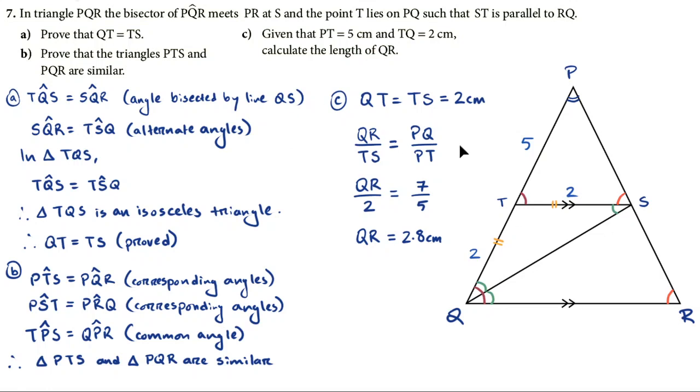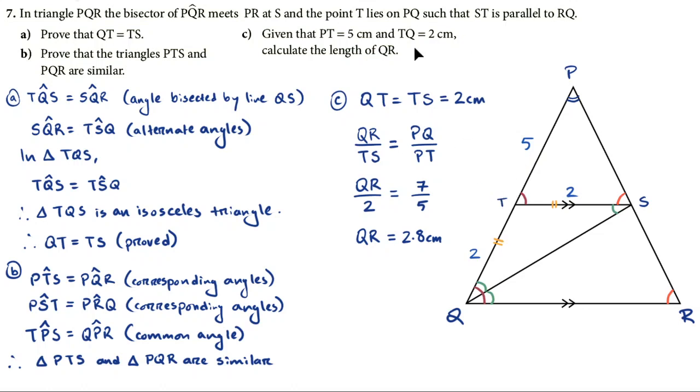Before I continue further, let me explain the question one more time. In the triangle PQR, the bisector of PQR means the straight line should be from this angle, and it's bisecting this angle, and it meets PR at the point S, and the point T lies on PQ.